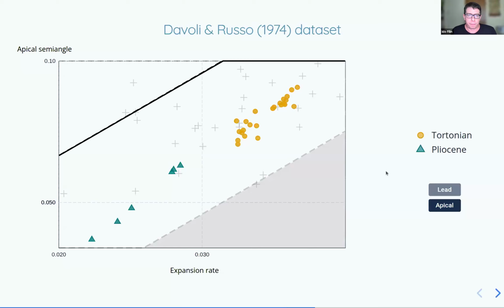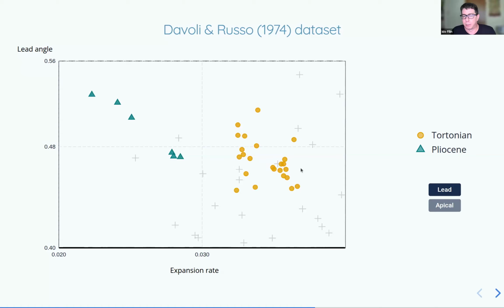This is the data of Davoli and Russo, and this is like temporal variation. Again, within each epoch or age, there is linear variation between apical angle and expansion rate. These are again sample means.